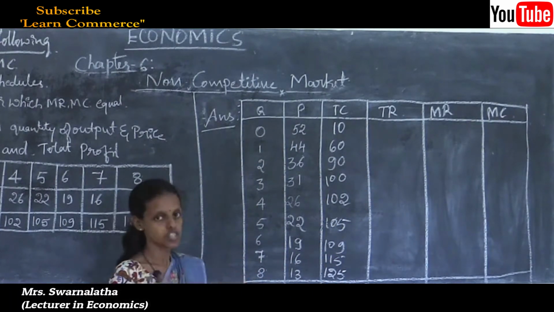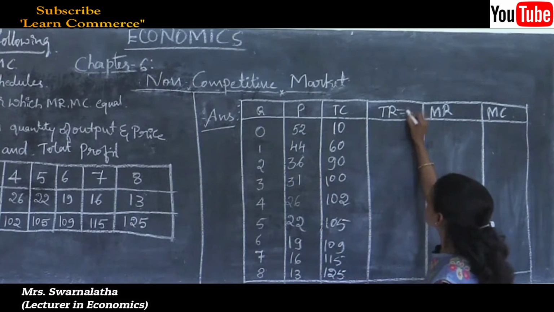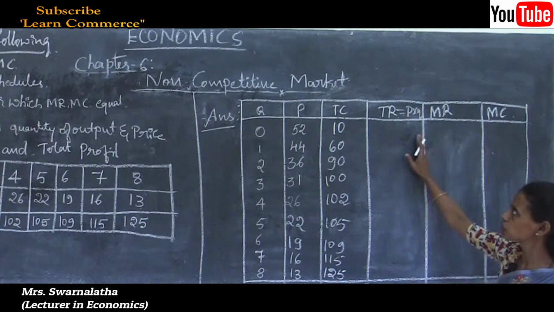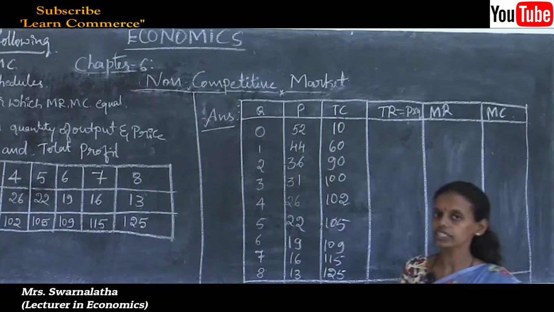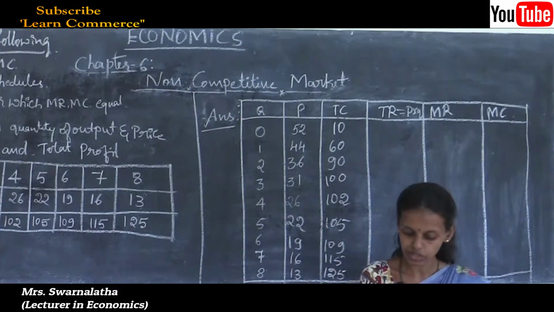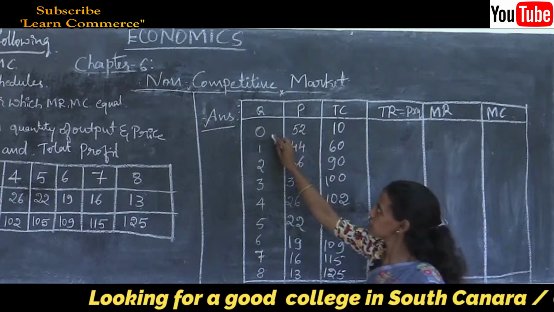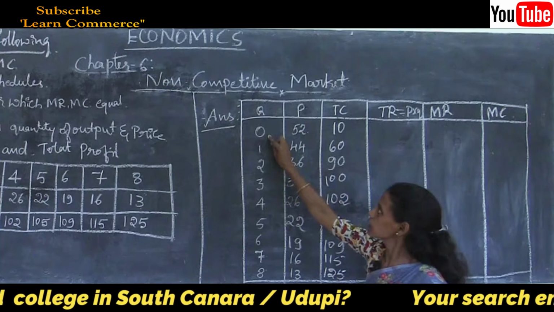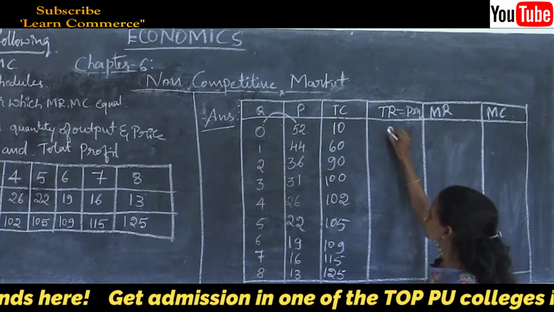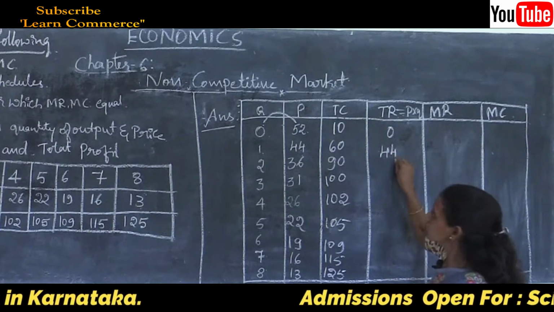Now the answer starts. TR. How to calculate total revenue? TR is equal to P into Q, as we know the formula, price into quantity. First the initial price is 52, quantity produced is 0, so 52 into 0 is 0. 44 into 1 is 44.